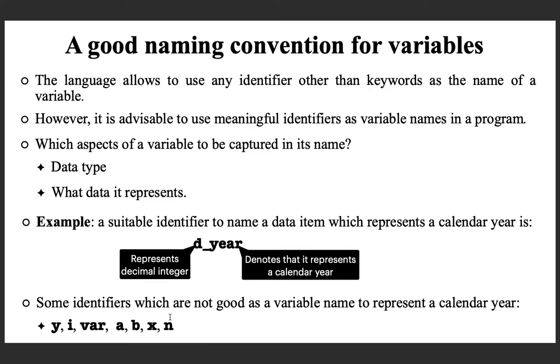I hope you are following me and you're getting the reason for using good names for your variables. For readability, if some other programmer wants to look at your program and see what the program is doing, then it will be nice if you are using meaningful variable names.